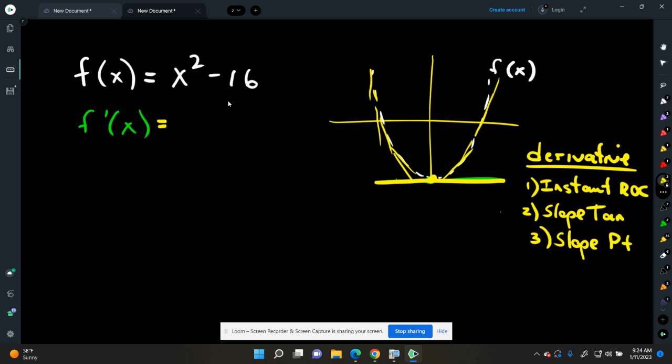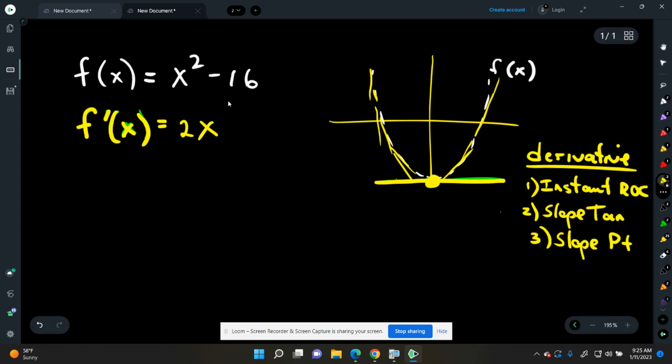Okay, so the slope of the tangent line is zero. So I'm going to look at the derivative because the derivative tells me the slope of the tangent line. In this case, it's 2x. In order to find the maximum or the minimum, I need to find where that slope is equal to zero.